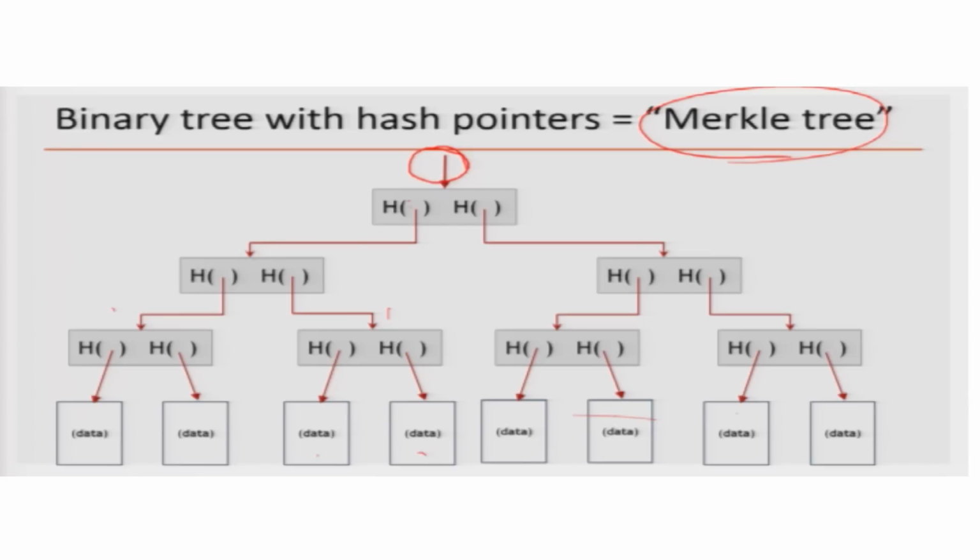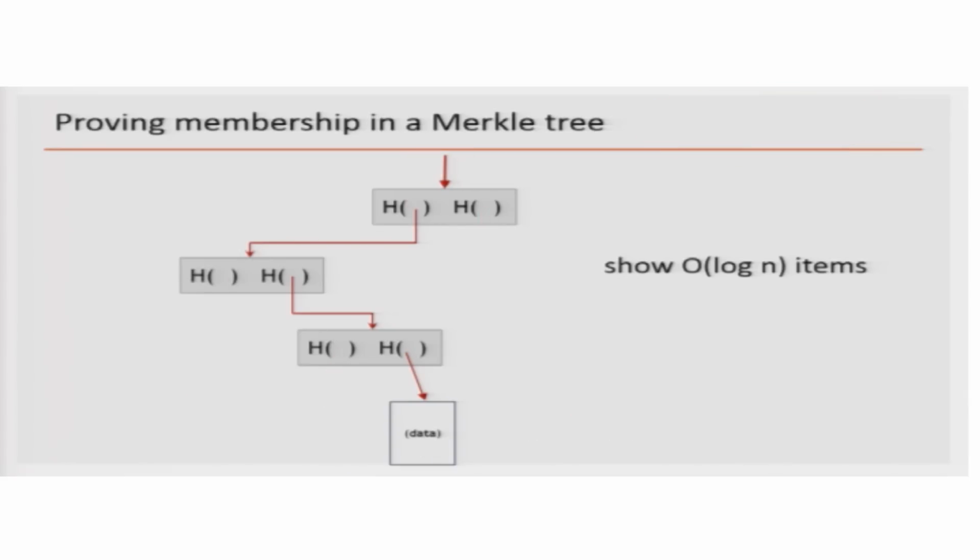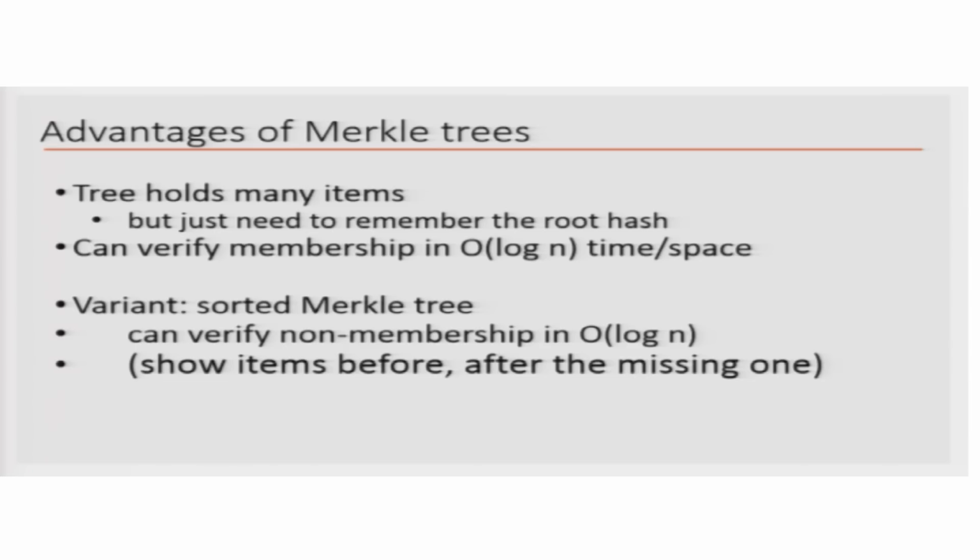To locate a block of data, you need to look at log n number of items, whereas in a chain you have to look at a linear number of items. The advantage of the Merkle tree is that with n levels you can handle 2 to the n blocks of data, and you only need n depth, which means logarithmic depth.